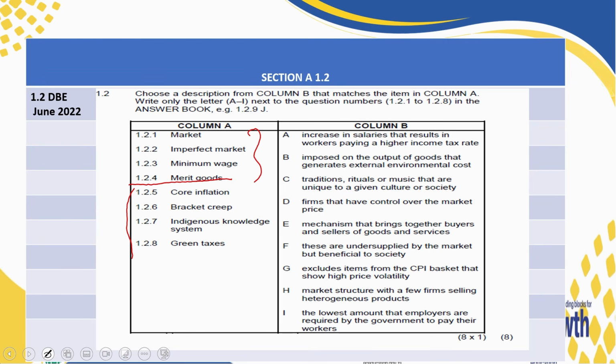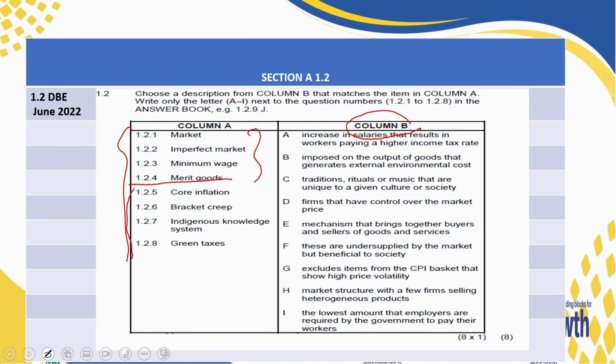Now, again, you start by writing your questions. You do your numbering, check if it is still correct. Now, the easiest way of answering match column A and B is by looking at your column B first.